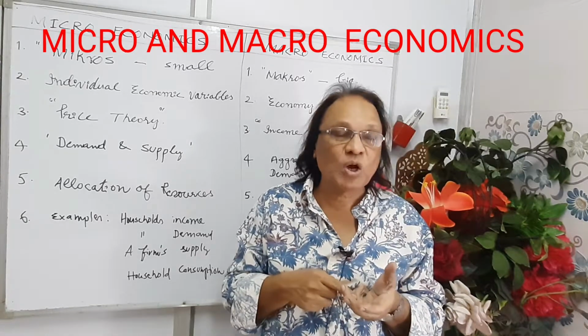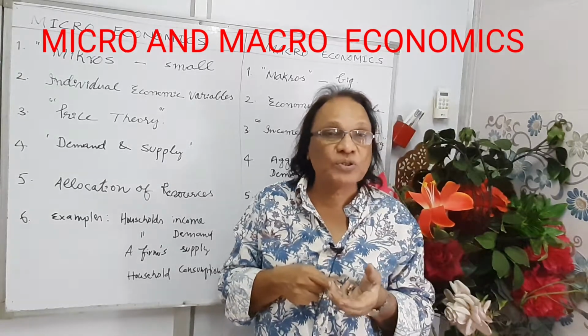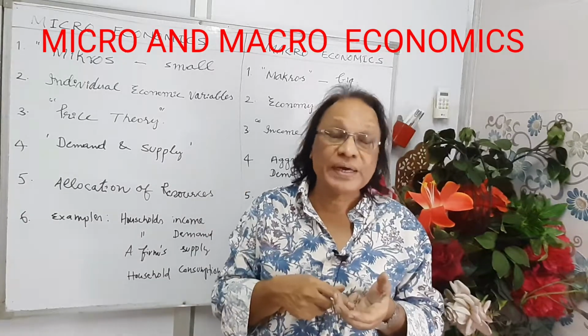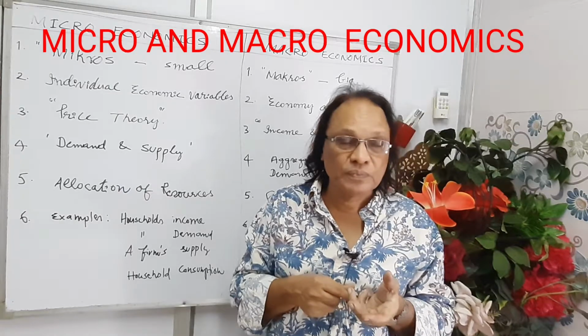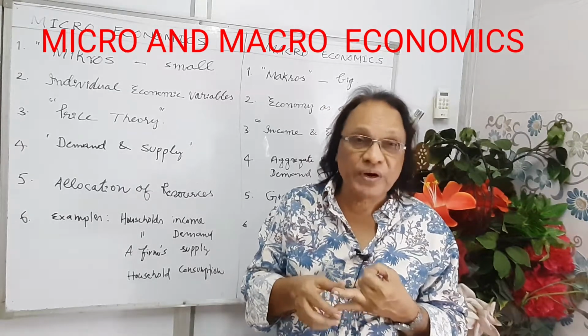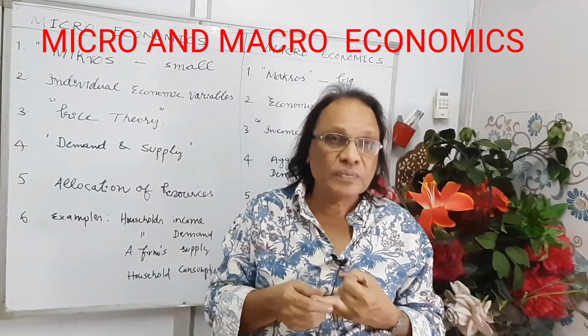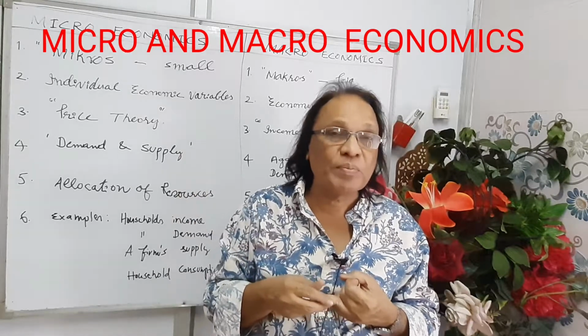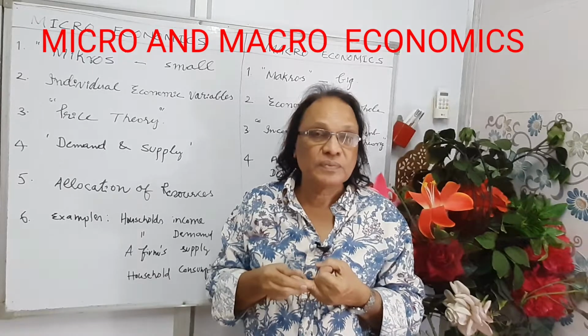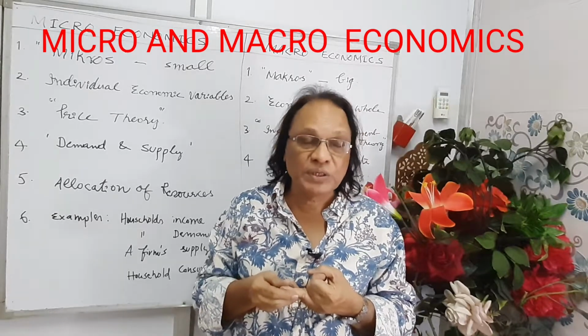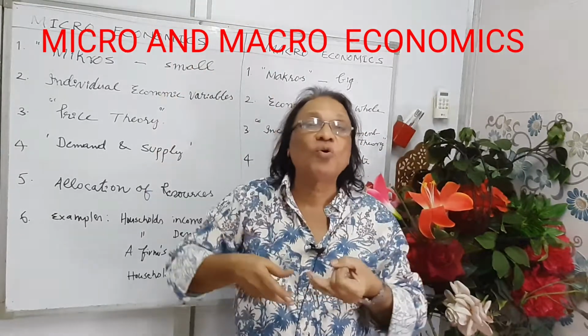The word microeconomics has been derived from the Greek word mikros, and the word macroeconomics has been derived from the Greek word macros. The second point, as we've seen, microeconomics deals with small economic units. It does not study the economy as a whole.